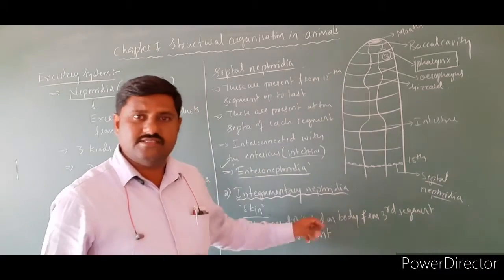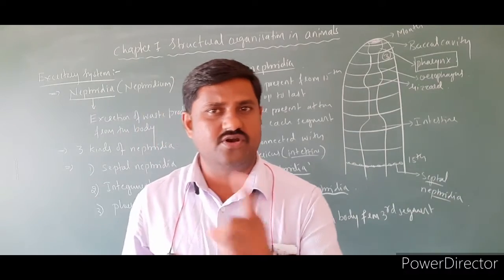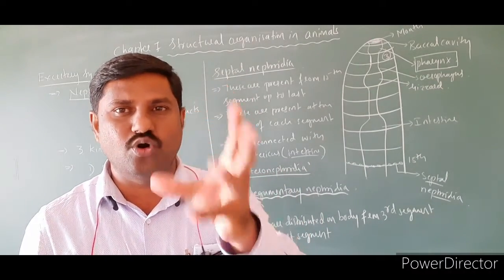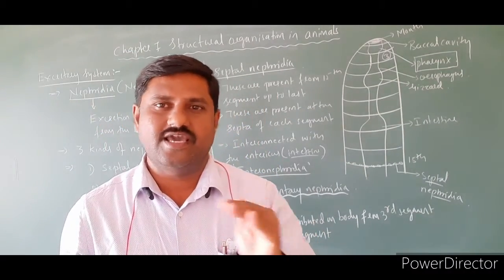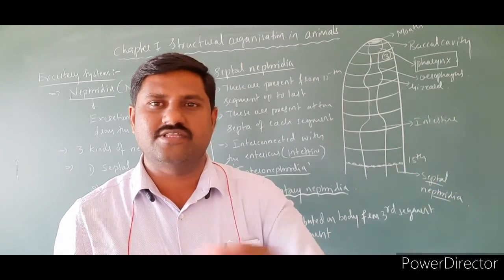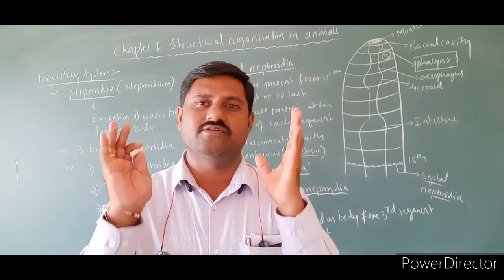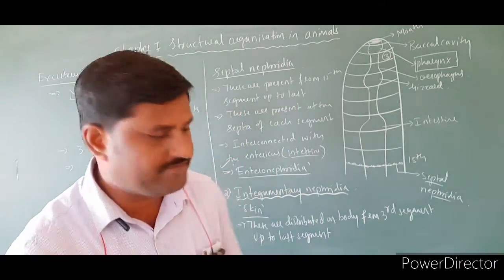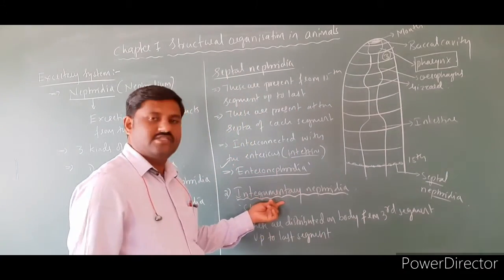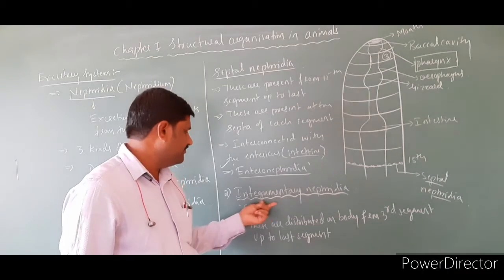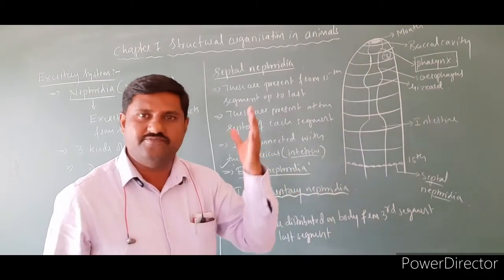And these kind of nephridia do not have any internal opening, right? So they are superficial in nature, they are present on the surface of the body wall, hence they excrete the waste products from the surface itself. So these nephridia are called what? Integumentary nephridia.